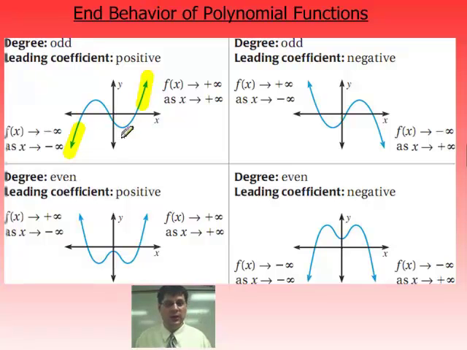After all the curvy stuff in the middle is taken care of, if the degree of our polynomial is odd and the leading coefficient is positive, then on the right side, f of x, which corresponds with the y, is approaching positive infinity. So we write it just like this: f of x is approaching positive infinity as our independent variable x approaches positive infinity.